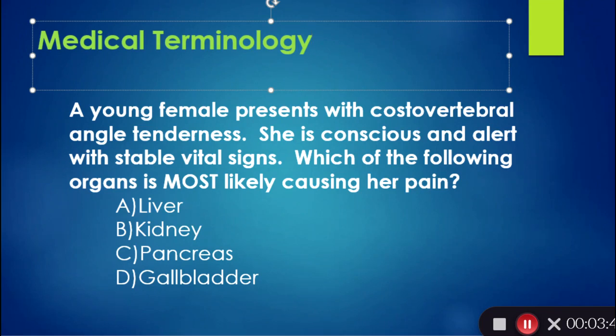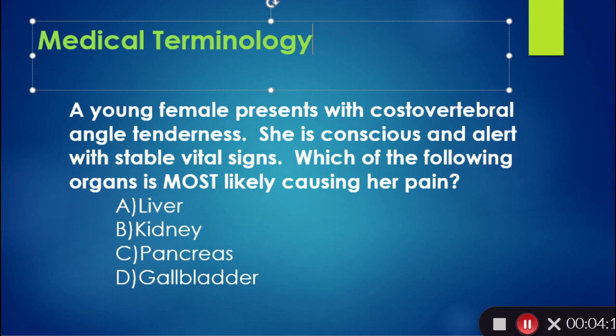So what I want to know is, where is that costal vertebral angle? Where do the ribs meet the spine? Okay, and that happens in the back. Our ribs in the front don't connect with the spine. That happens on our posterior side.